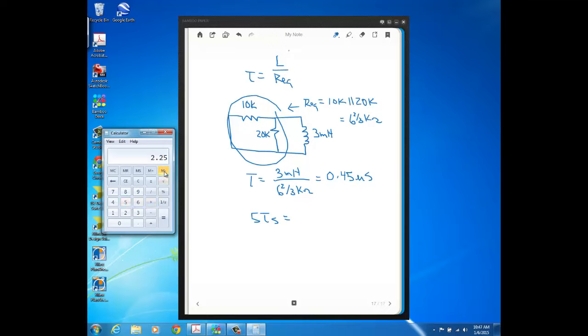Oh, 0.45 times 5, so that's 2.25 microseconds. Okay, it didn't sound right to me there. Good thing we checked. Alright, so 2.25 microseconds. Right, that's 5 times 0.45 microseconds. Okay, so that's the amount of time it takes.